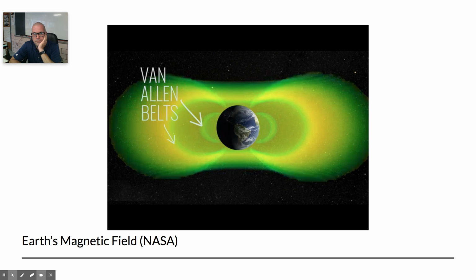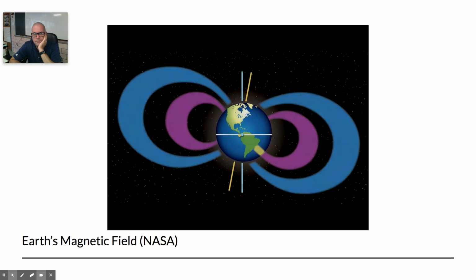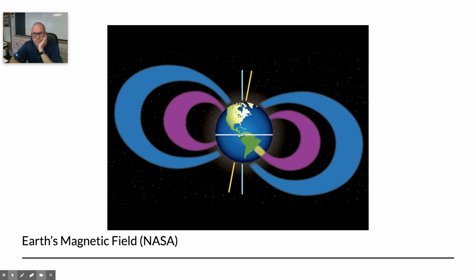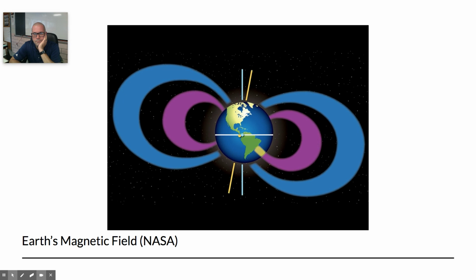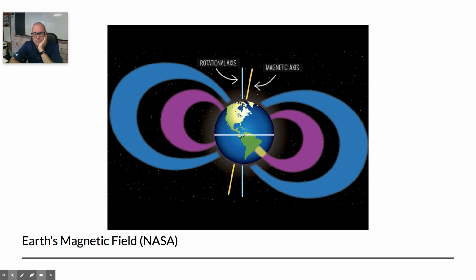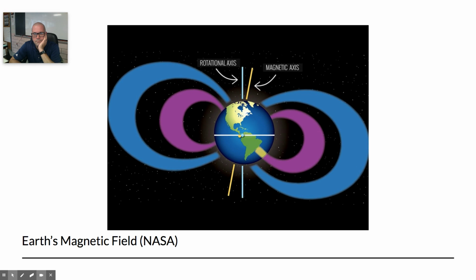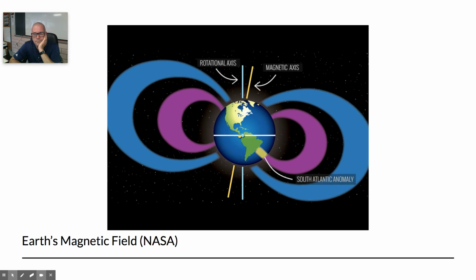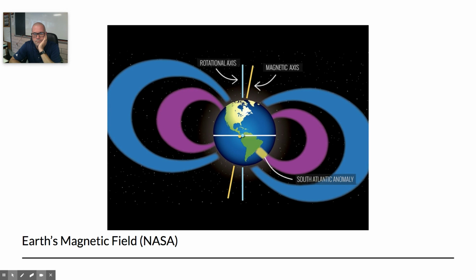The inner edge of the innermost belt is about 400 miles from the surface of the Earth at the equator, which keeps particle radiation a safe distance from Earth and orbiting satellites. But because of the offset between Earth's magnetic and rotational poles, and the weakened magnetic field over the South Atlantic anomaly, some energetic particles within the belt do penetrate closer to the Earth's surface.